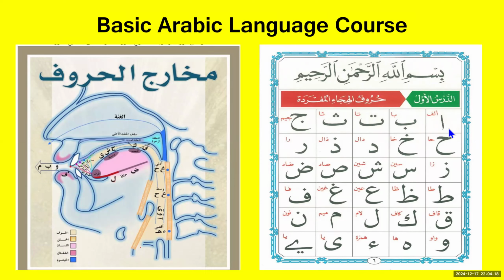Lakshmi garu, yes sir. Alif, ba, ta, sa, jim, ha, kha, dal, zal, ra, za. Excellent. Liaqat: Alif, ba, ta, sa, jim, ha, kha, dal, zal, ra, za. Very good.